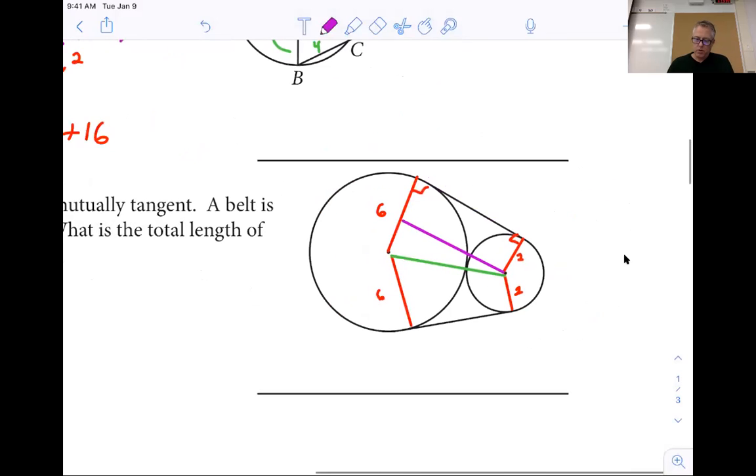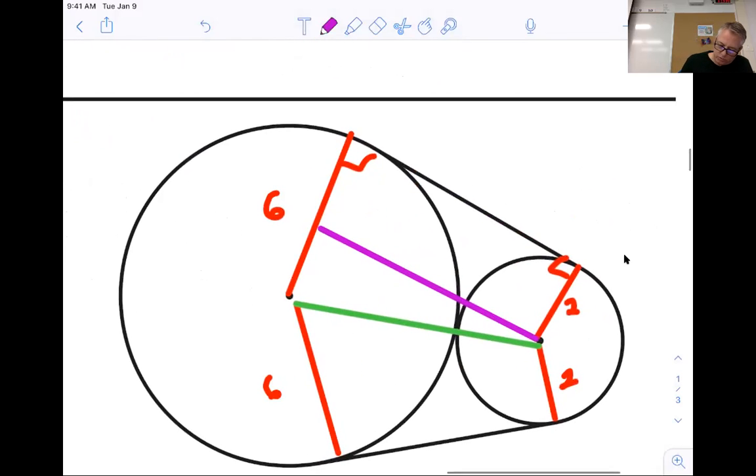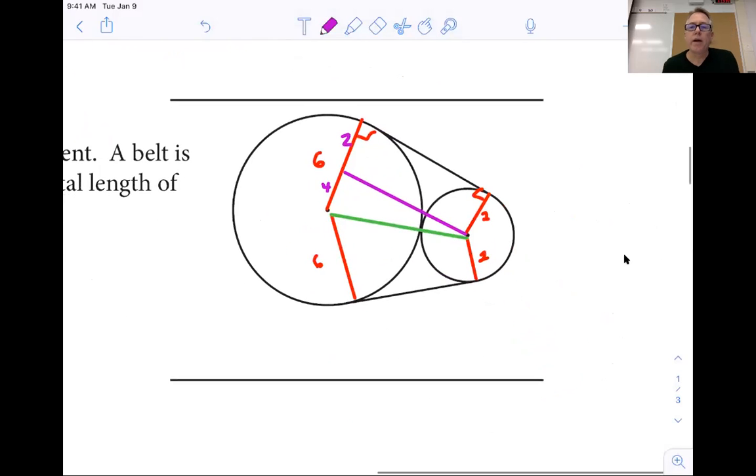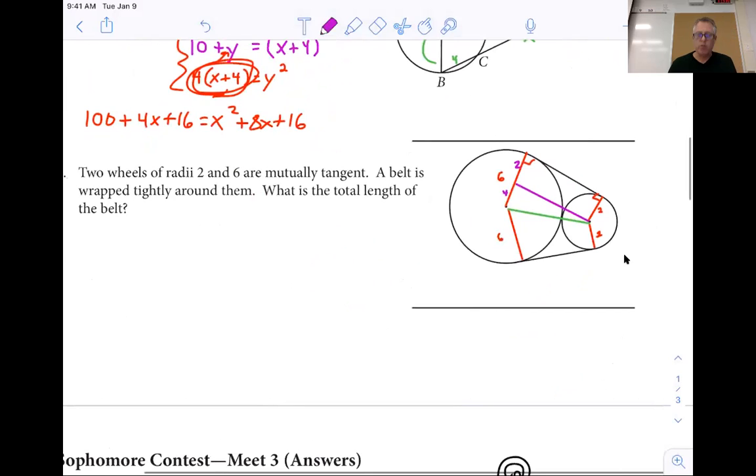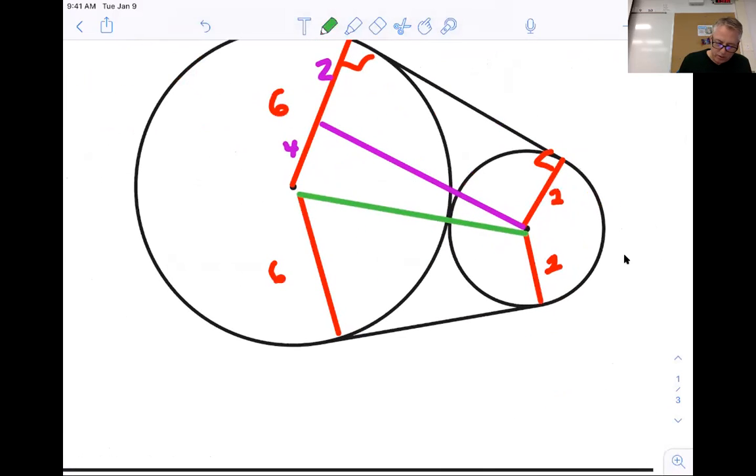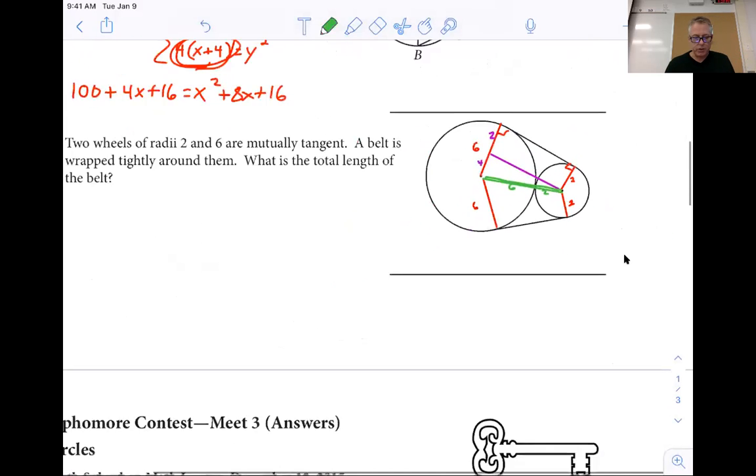There we go. Okay, making that top part into a rectangle, so that splits that up into 2 and 4. And I'm going to leave you with that. We've got a 90-degree angle, and there's a pretty good explanation there in terms of a 30, 60, 90 triangle that we get. Because the green segment, we know that's 6 and that's 2. So that's a length of 8. So it creates a 30, 60, 90 triangle in the middle there.